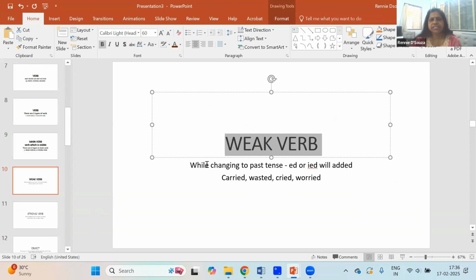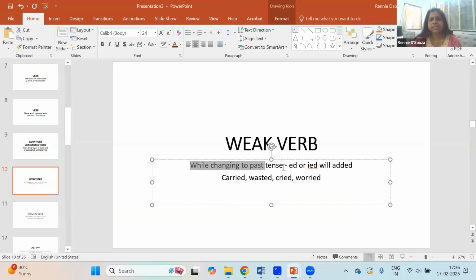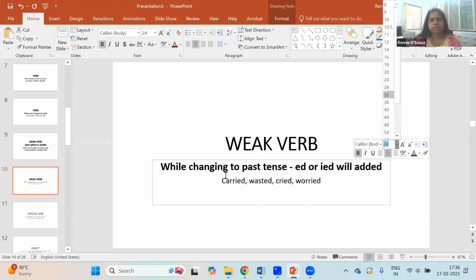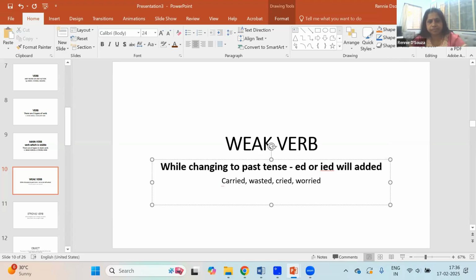Now what is weak verb? Weak verb is a verb when we change to past tense, only ed and ied will be added to that verb. For example, if carry is the verb in present tense, when it goes to past tense it becomes carried.